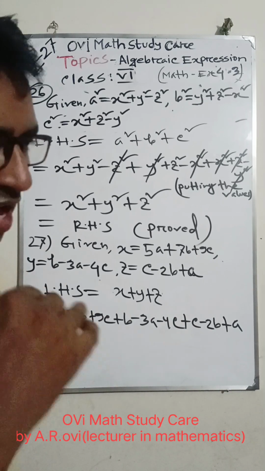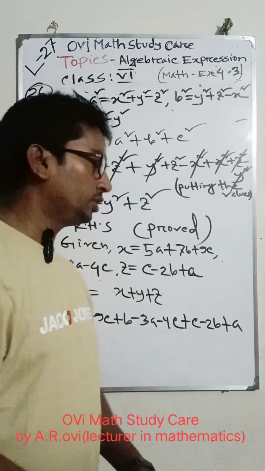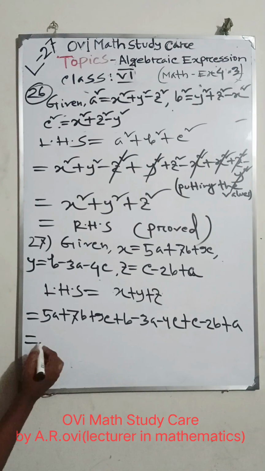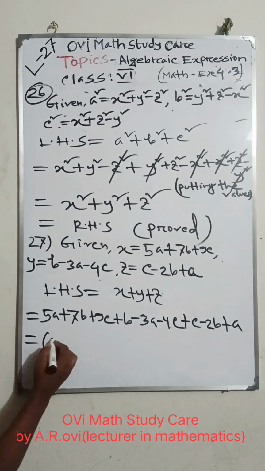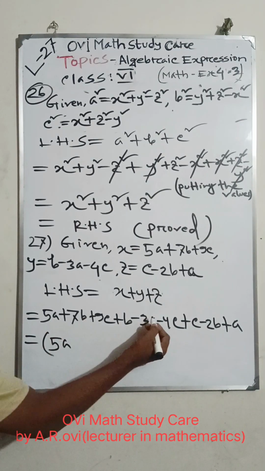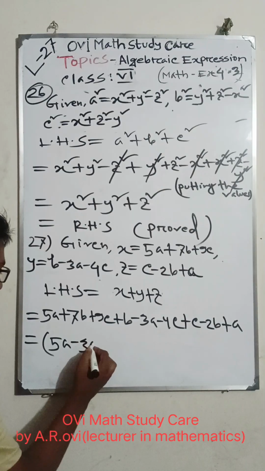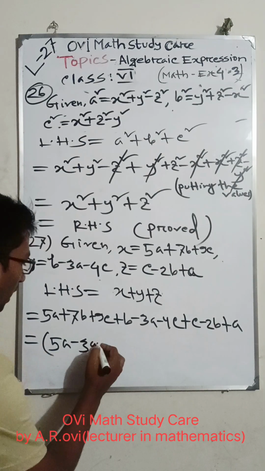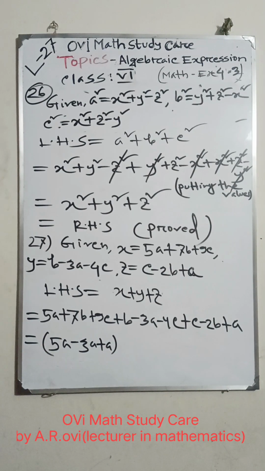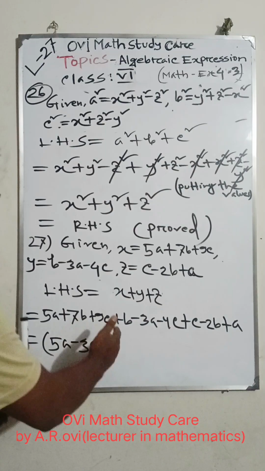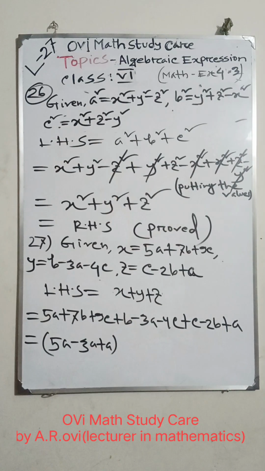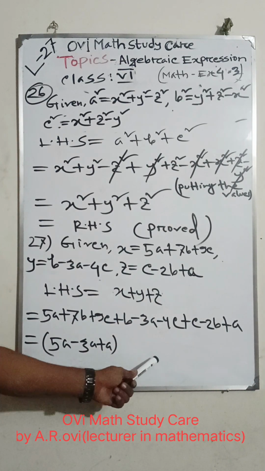And there is another easy procedure. At first you write with brackets: for a, 5a minus 3a plus a. That is, you write with brackets the a term, b term, c term: the expression of a, expression of b, expression of c.